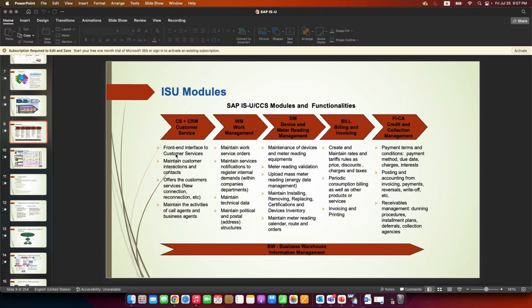Now here, as part of your front office or back office, creation of a business partner and creation of a contract account is basically the concept of customer service. Either you do it from the back office or from the front office, as a CRM or a Salesforce CRM or whatever it is.